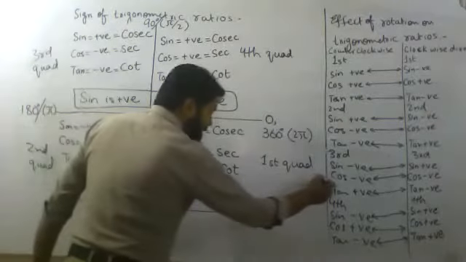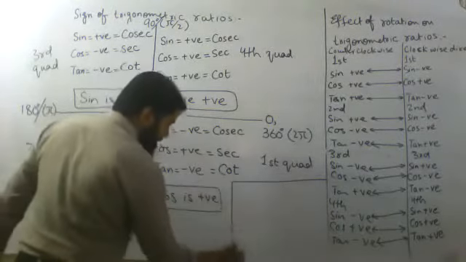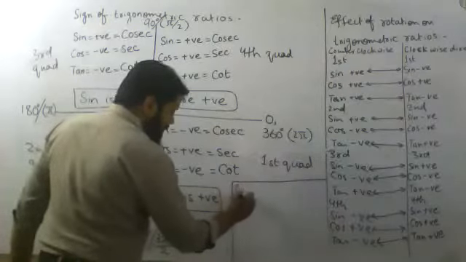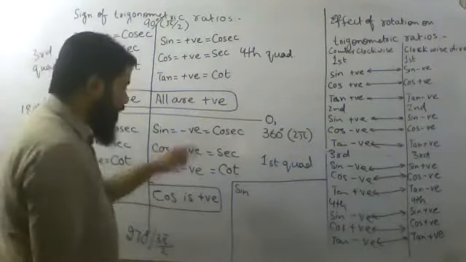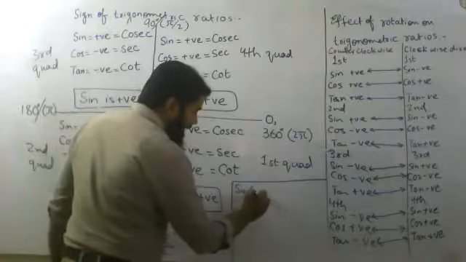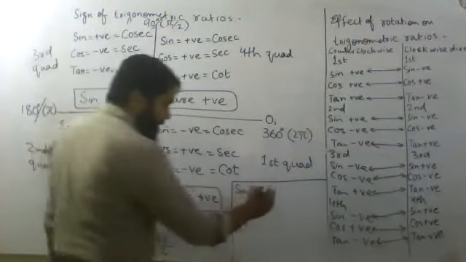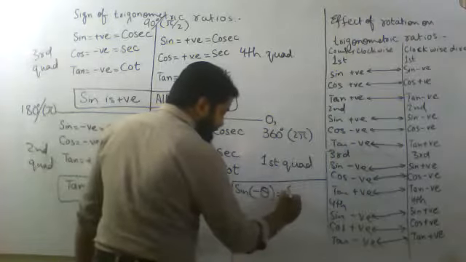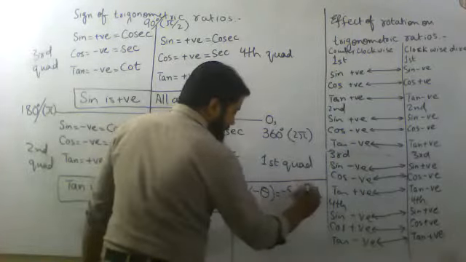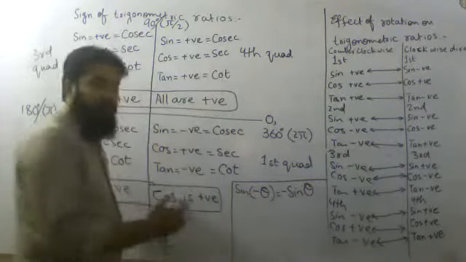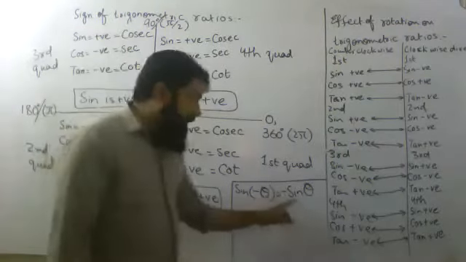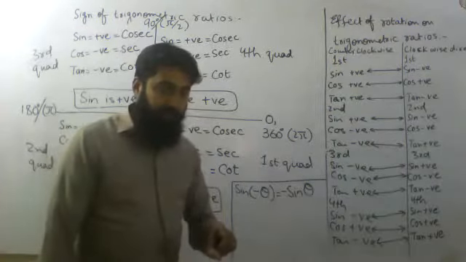What are the relations? See, if sine is going from clockwise, if I change the direction, minus sign means I'm changing the direction. It means that the sign of sine will be different.